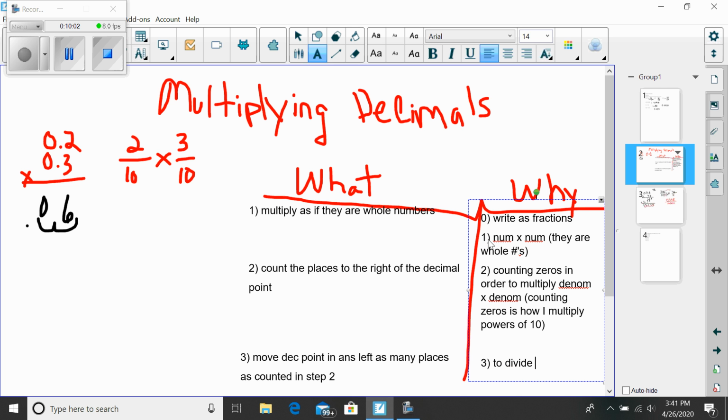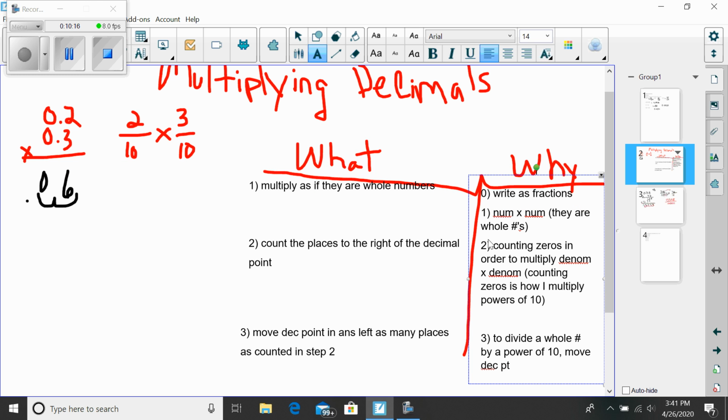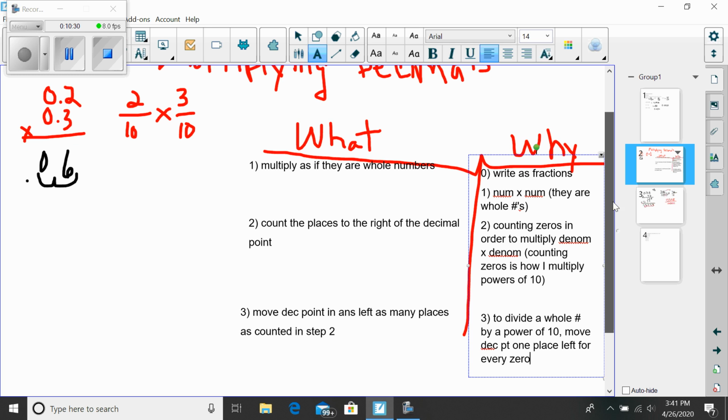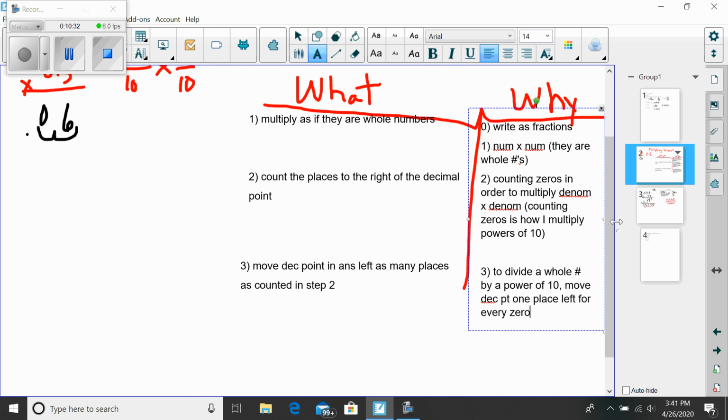To divide a whole number by a power of 10, I move the decimal point one place left for every zero. Okay, and so here's the what I do, here's the why I do it. All right, so pause your video, copy this down, then we'll move on to division.